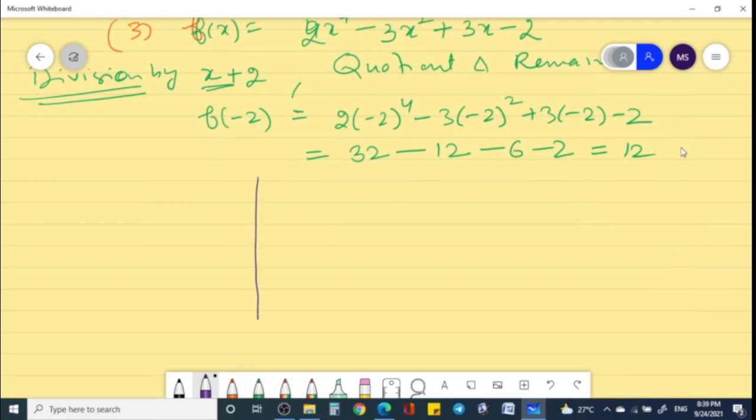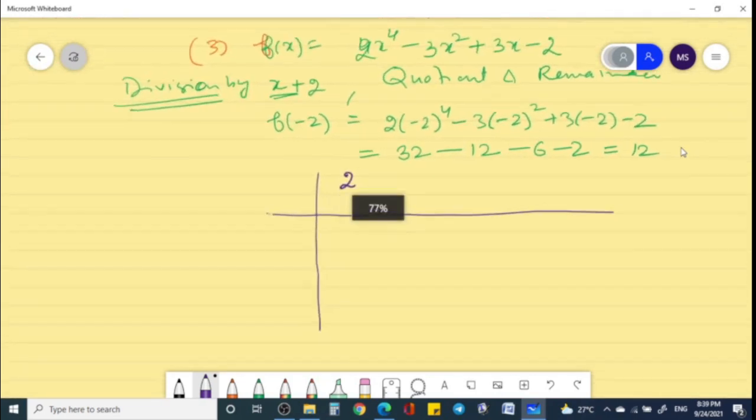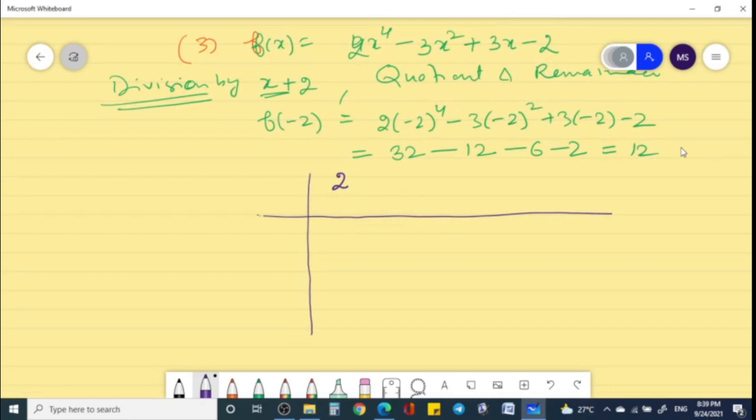So now let us see how we determine the remainder and quotient by synthetic division. First of all we write a complete polynomial. Here 2, and we see that x cube is not there, so we take 0 here, and minus 3 is the coefficient of x square, 3, minus 2. Here x plus 2, so the root of this is minus 2, so we divide by minus 2.